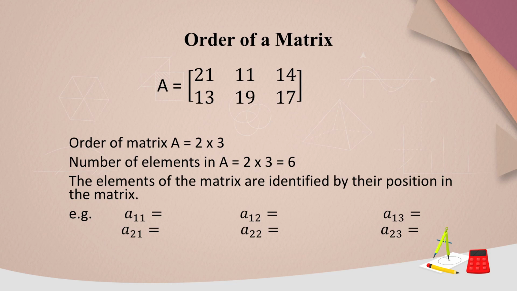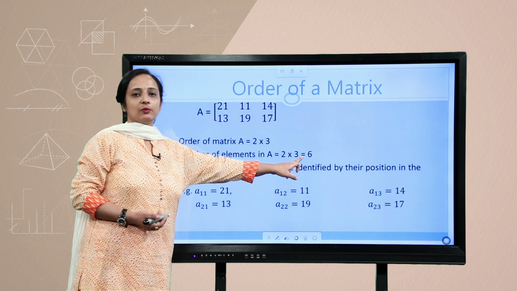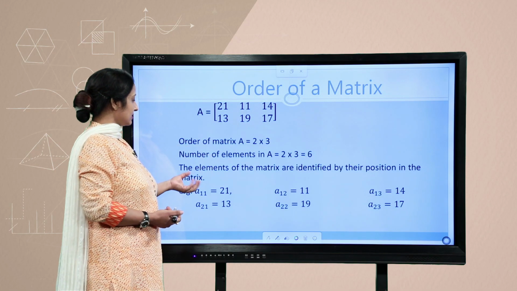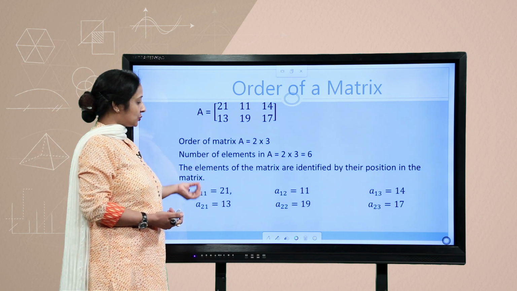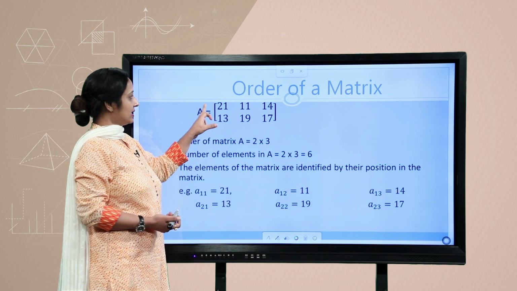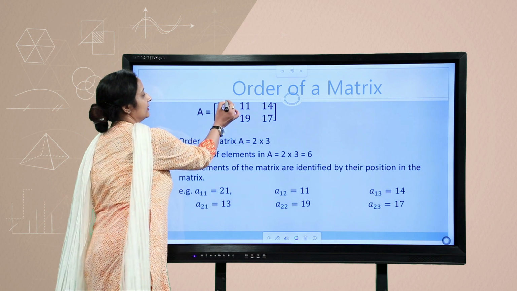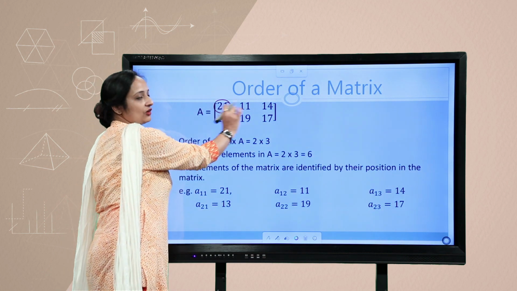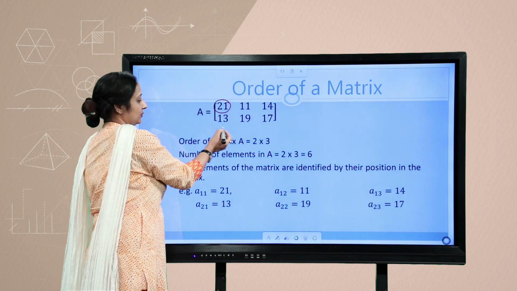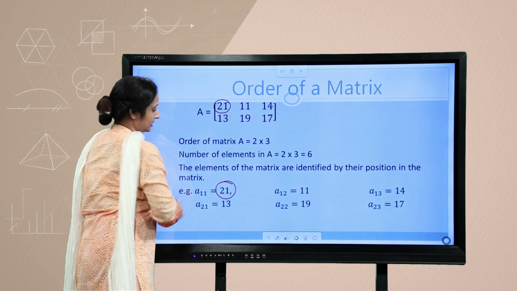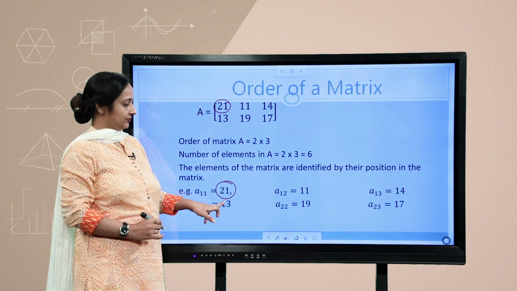This is matrix A. We have already studied its order, 2 by 3, and its number of elements is 6. Let us identify the positions of the elements. This 21 is in the first row and first column, so its name is a11.